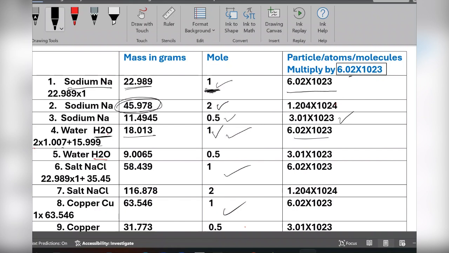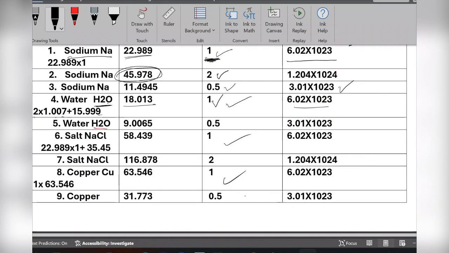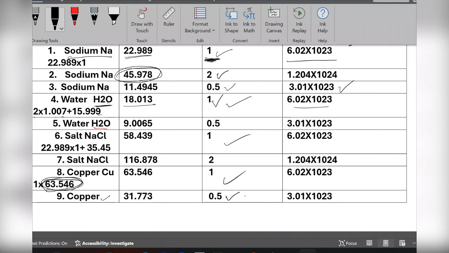Let me show you another example here. Number 9, copper. They say 0.5 mole of copper. First thing, what is the mass? They ask, what is the mass? Go through the periodic table, find the molar mass of copper. What is molar mass of copper? 63.546. Check your periodic table. Multiply by 0.5.